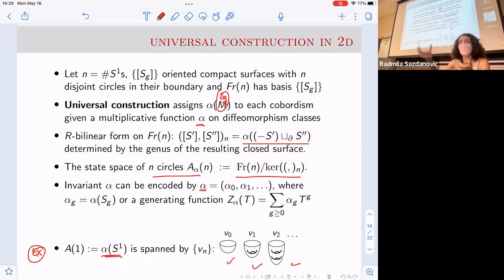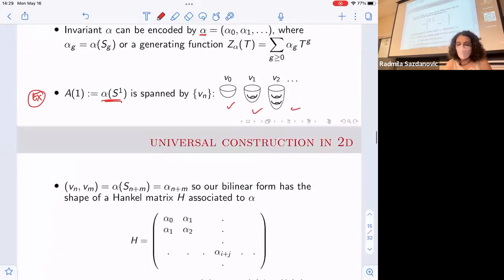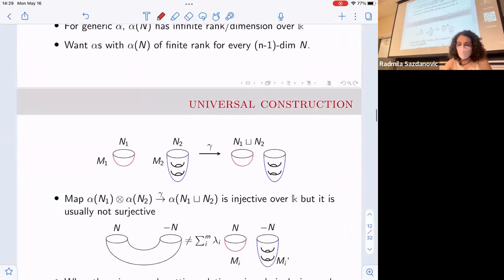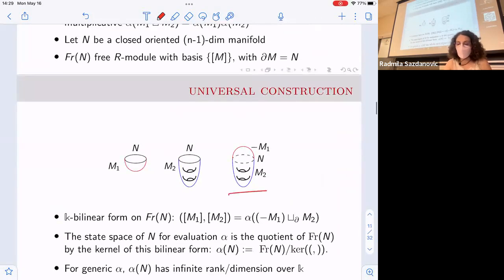I'm going to take one of these and put another one, change the orientation, glue them together and get the value. I'm sorry, I did not repeat the picture, but the picture is up here, right? For example, when I glue something of genus 0 and something of genus 2, we're going to get basically something of genus 2.